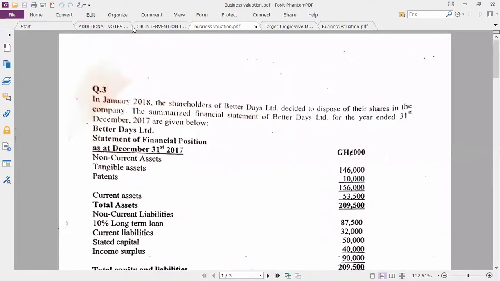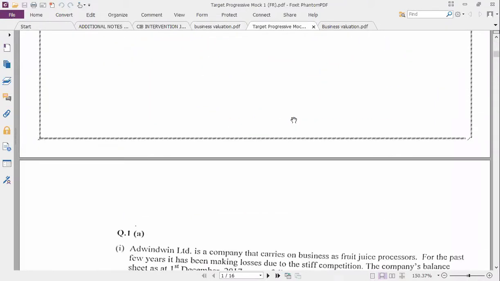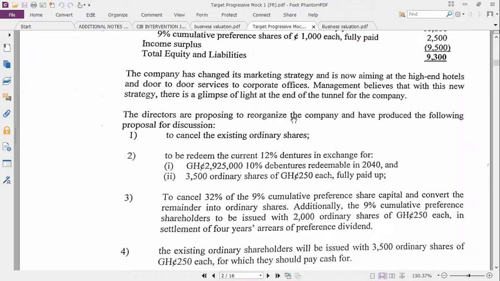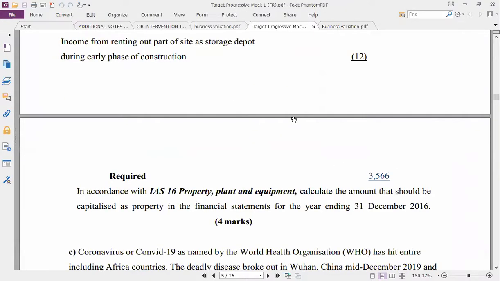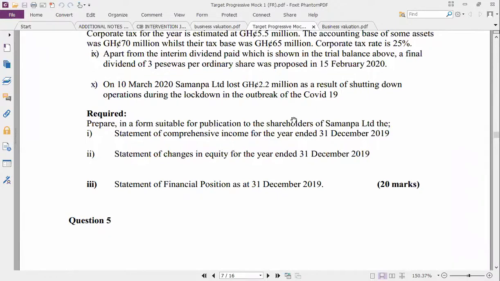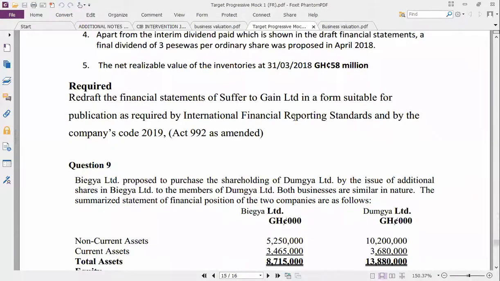It's a question in the intervention called Bija and Dunja. Yes, they are here. Okay, so this is the question.